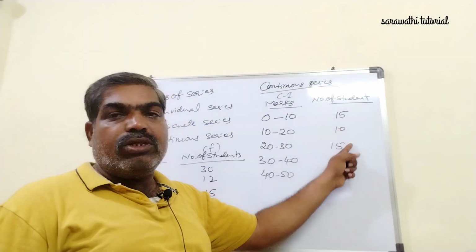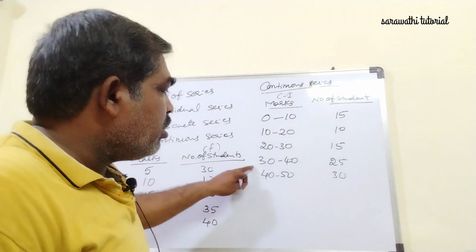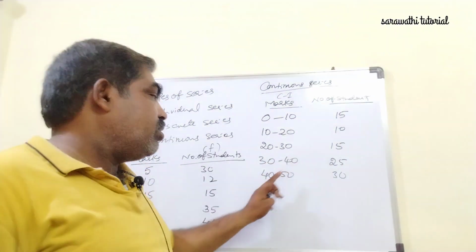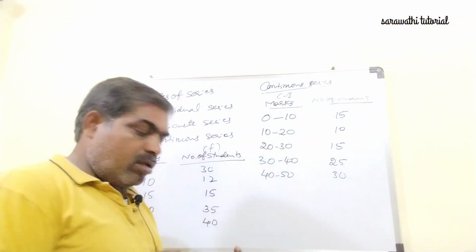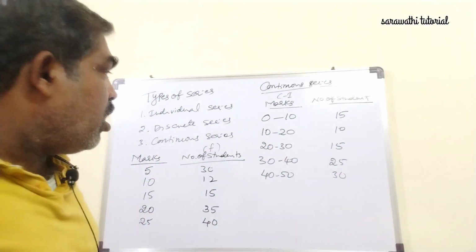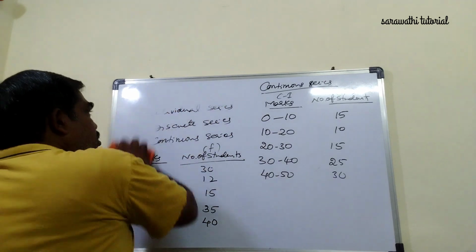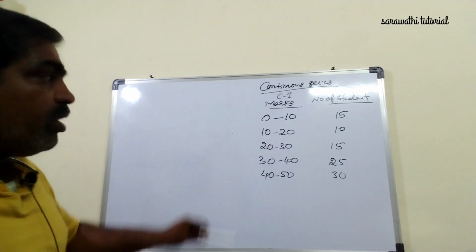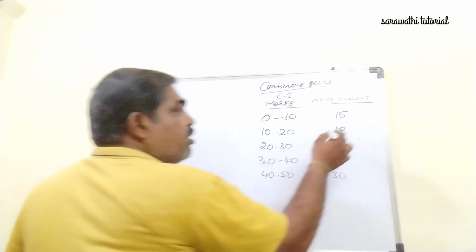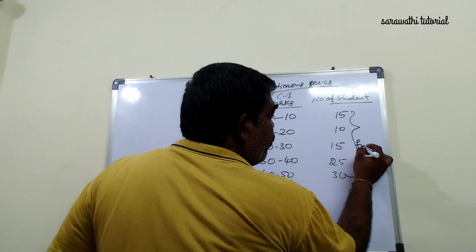The number of students is called the frequency. 30 to 40, 25 members frequency; 40 to 50 frequency. So this is continuous series. Under the continuous series, if you observe, these are all individual frequencies.